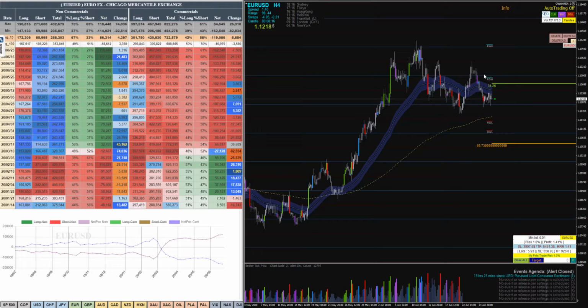I'm seeing that the retail traders are 31% on the long side, 68% on the short side, which might make us think that the price might go up, because there are fewer traders in the long positions.